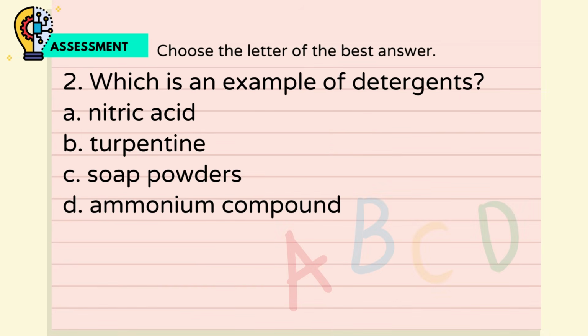Which is an example of detergent? A. Nitric acid, B. Turpentine, C. Soap powders, or D. Ammonium compound. If your answer is letter C, soap powders, then you are correct. Next, number 3.